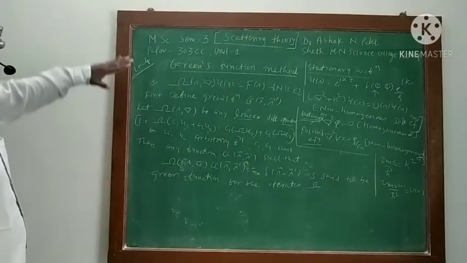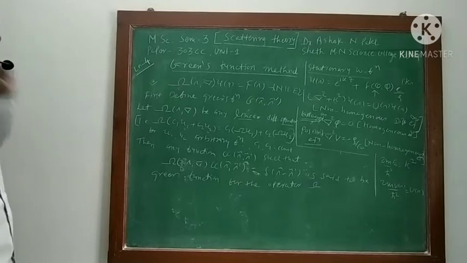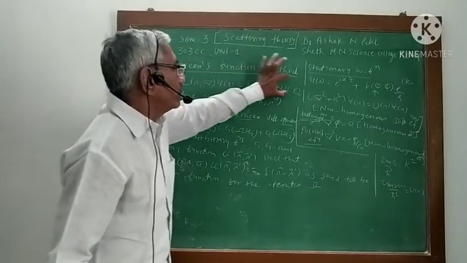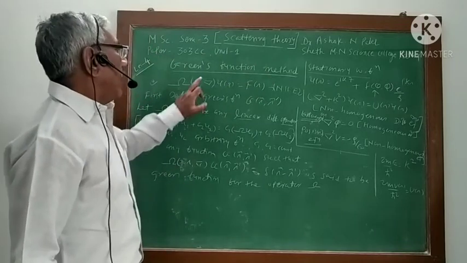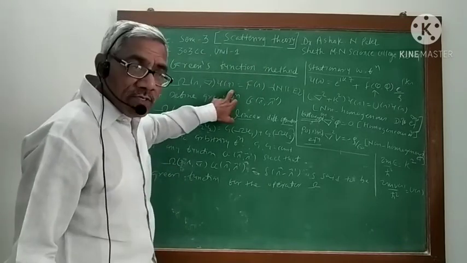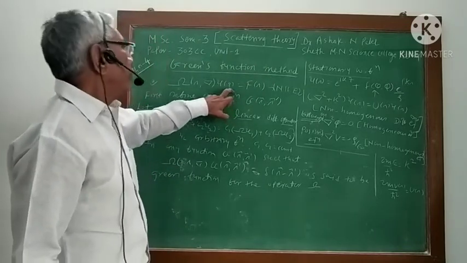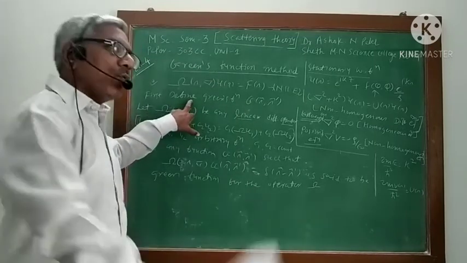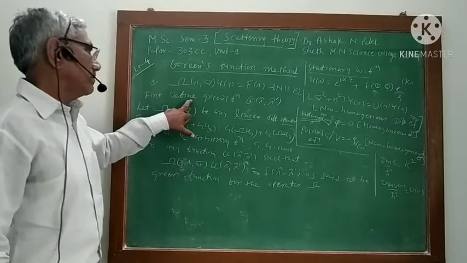So just try to understand: if you have one general non-homogeneous equation and you want to solve it, then you first have to define the Green function. How can I define a Green function?